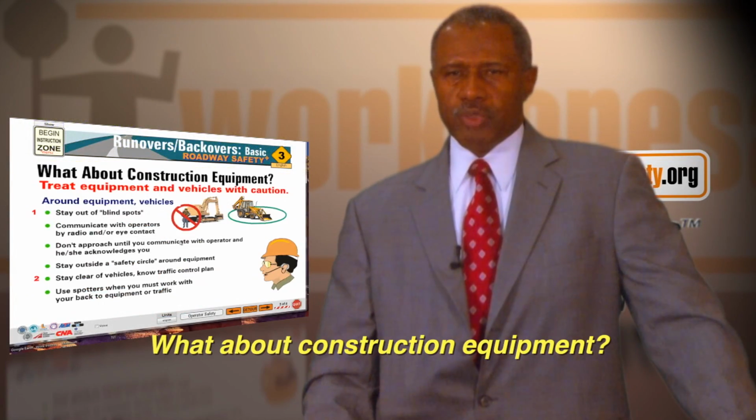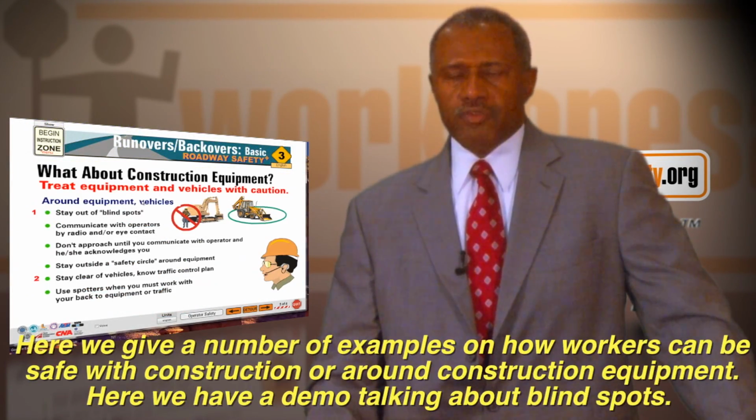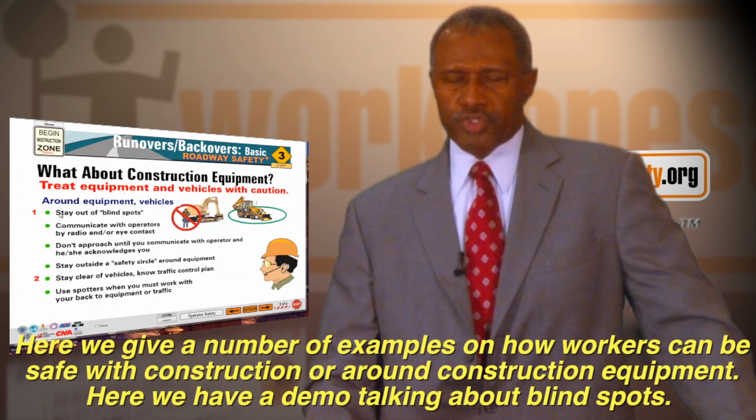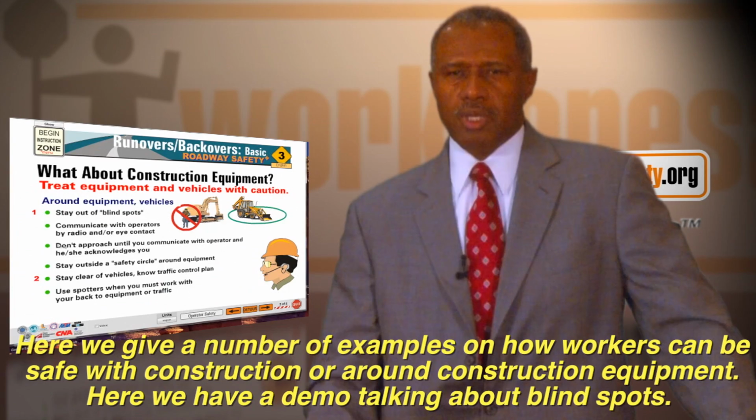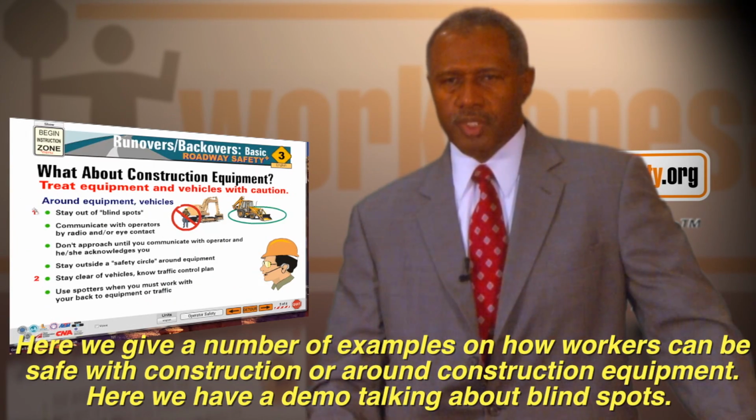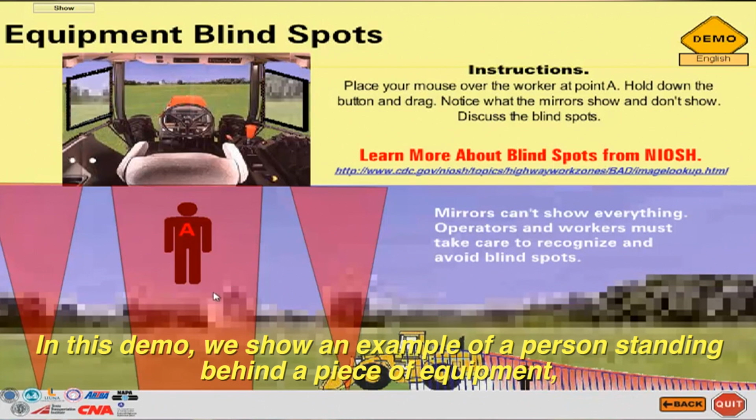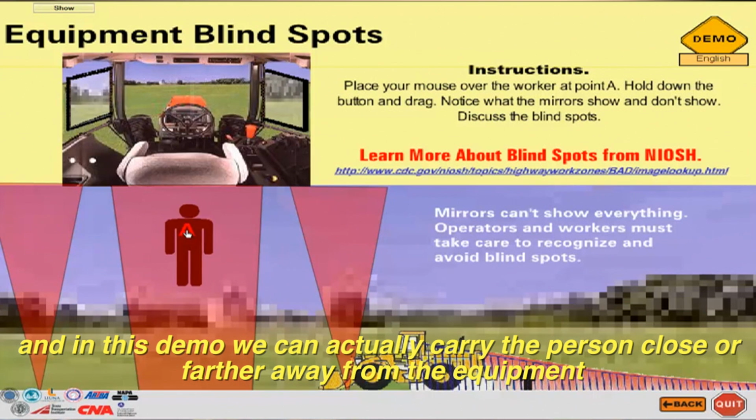What about construction equipment? Here we give a number of examples on how workers can be safe around construction equipment. Here we have a demo talking about blind spots. In this demo, we show an example of a person standing behind a piece of equipment. And in this demo, we can actually carry the person close or farther away from the equipment.